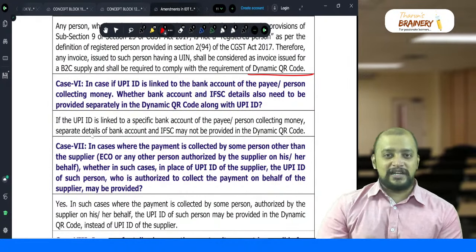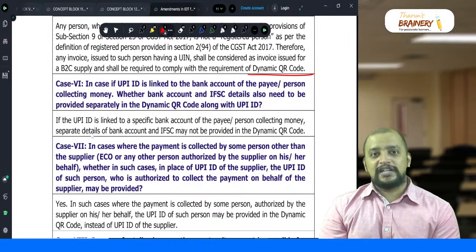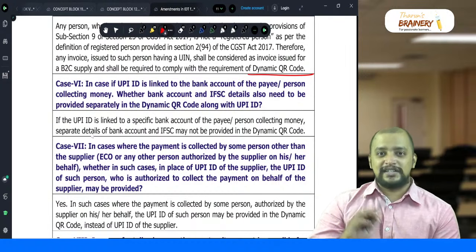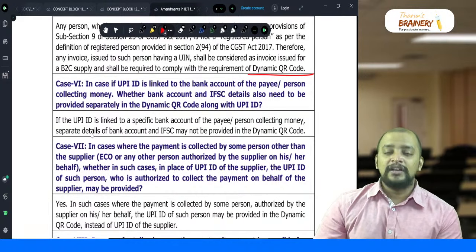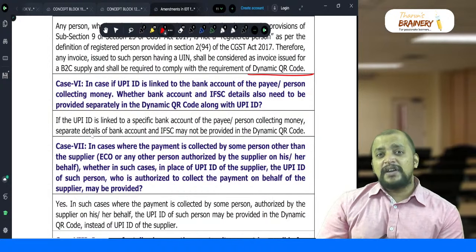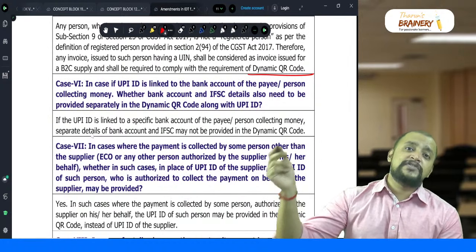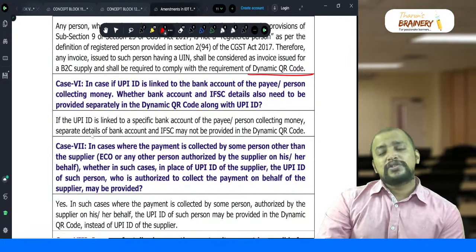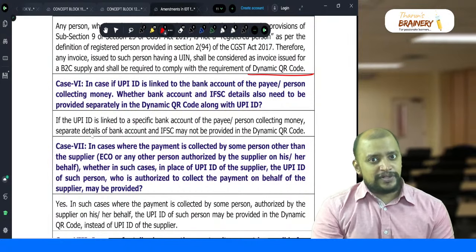I don't need any of your money. Whatever I am earning is sufficient for me. I'm just giving an example. So I have an account in HDFC Bank, and HDFC Bank gives me my UPI ID. So then it will be called a UPI ID linked with the bank account.